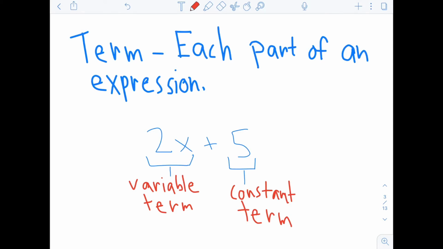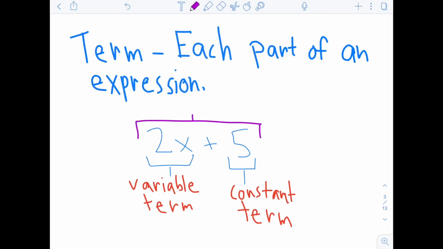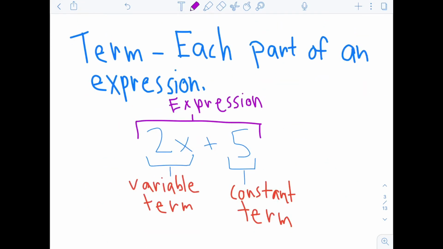And this entire thing here, that's the expression. Because remember, expression is this collection of variables and operations. This has variables and it has an operation, which is plus. It's adding.